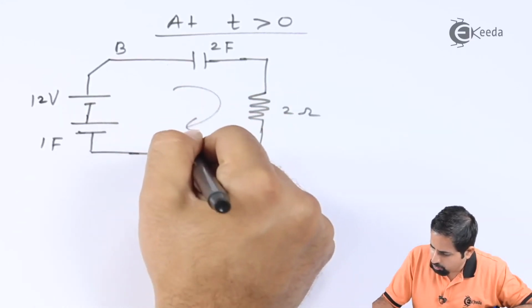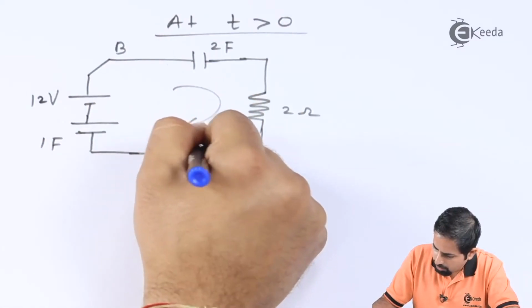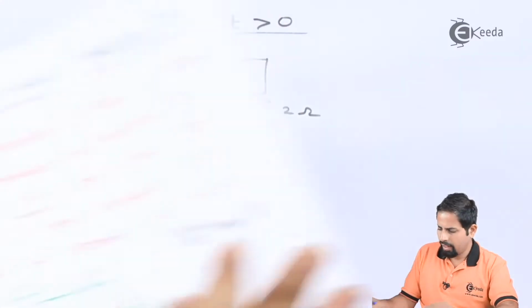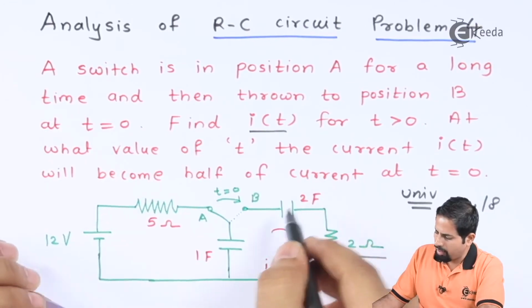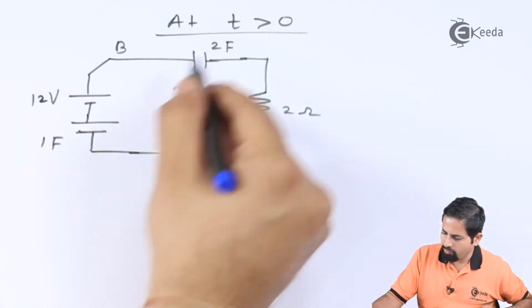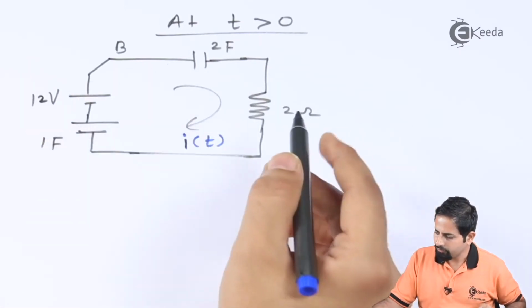The current that flows will be I of t. As simple as it was given in the numerical. Let us check the values: 1 farad, 2 farad already there. 12 volt is the extra term which is here.